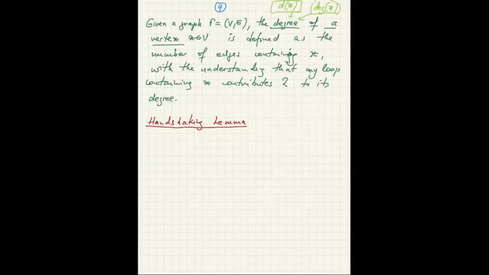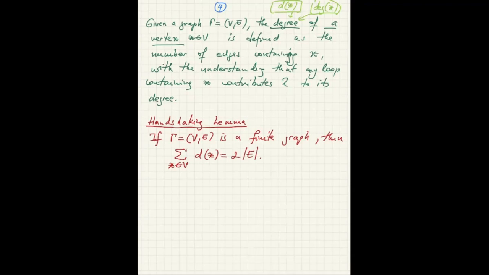Okay. So if gamma, V, E is a finite graph, meaning that both the vertex set and the edge set are finite, then if we sum up all the degrees, the summation over all X in V of D of X, we will get twice the number of edges, 2 times the cardinality of E.